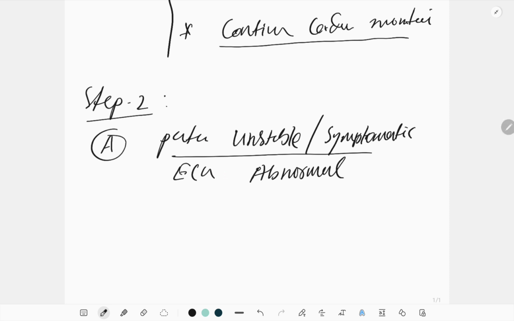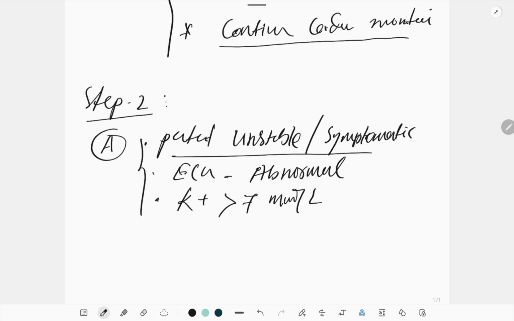So point number 1 is the patient is unstable or symptomatic. Point number 2, ECG clearly abnormal, or point 3, potassium level more than 7 millimole per liter.